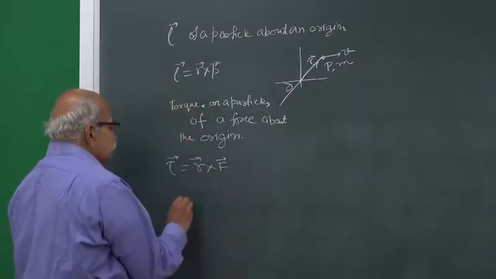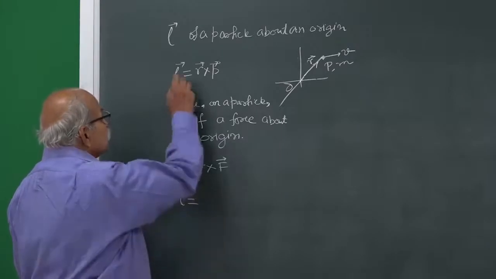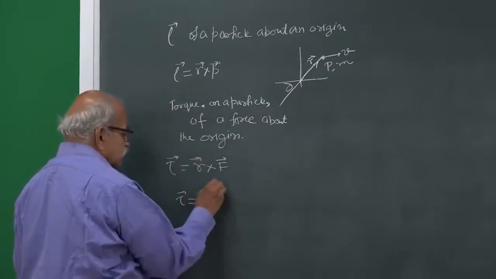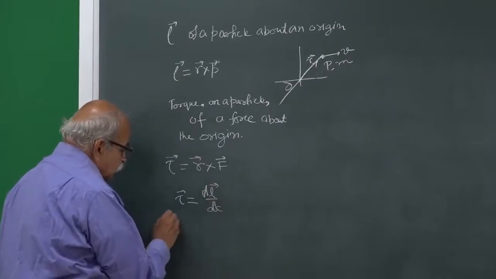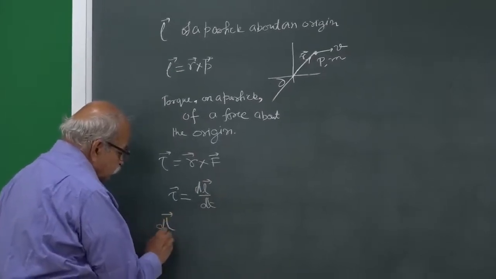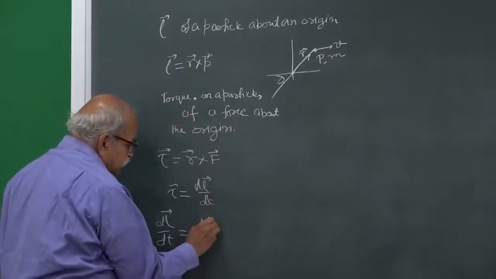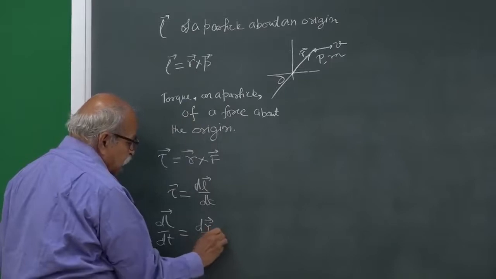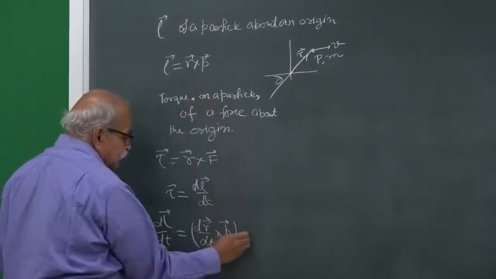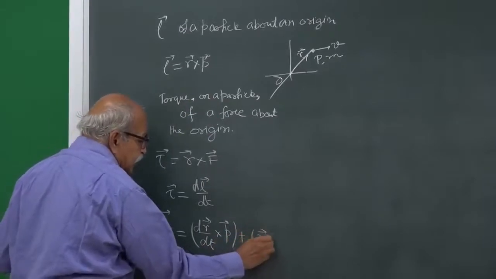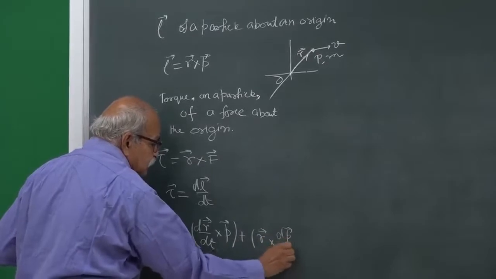And then you have a very simple relation that torque is equal to dL/dt. Simple. L you know, so if you do dL/dt, it will be differentiation of the first function cross the second function as such, and then the first function as such cross differentiation of the second vector.